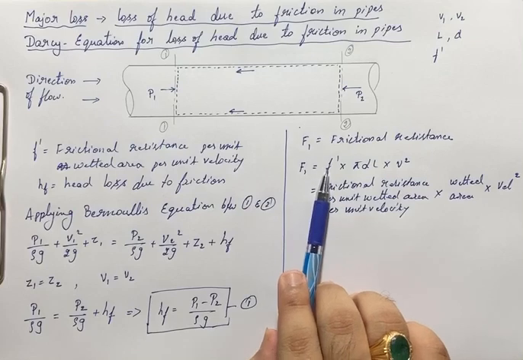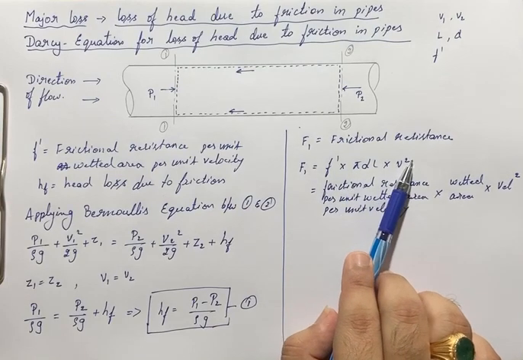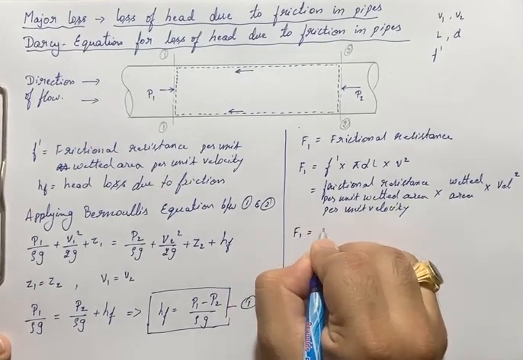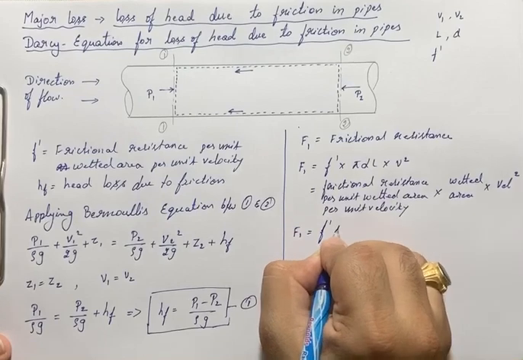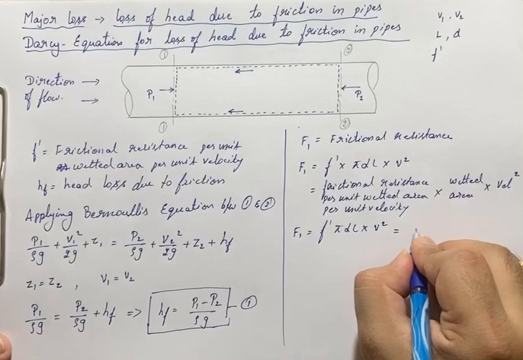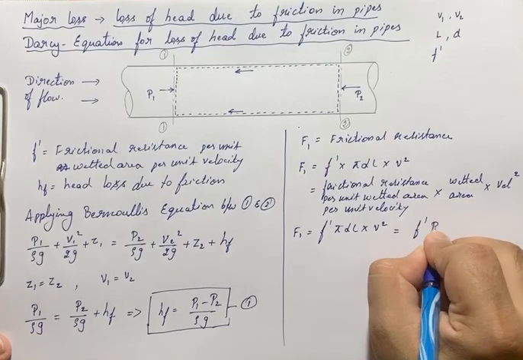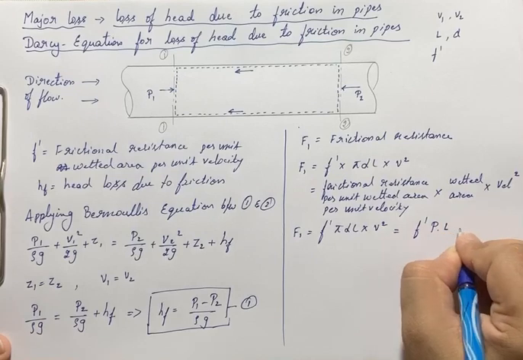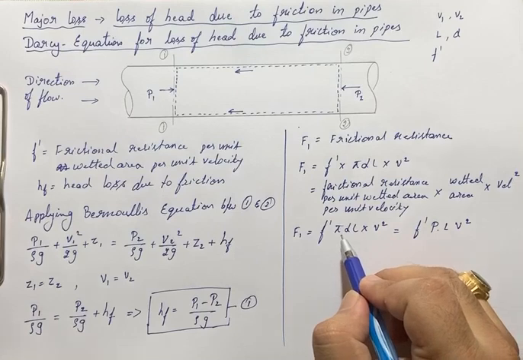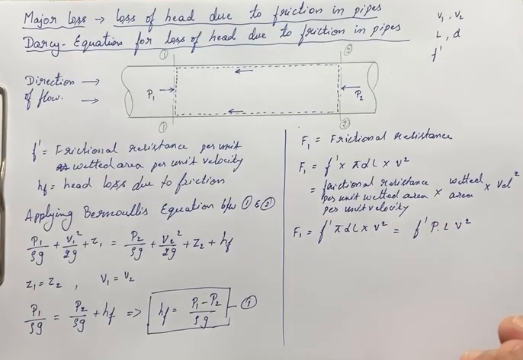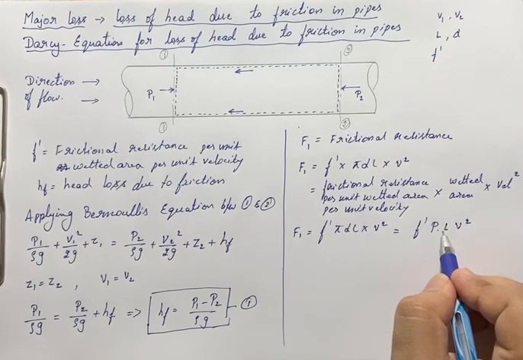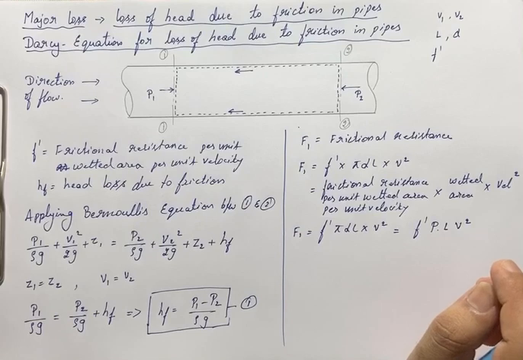So I can write F1 is equal to F dash into pi d l into V square, or else I can write F dash into P into L into V square. Why I am writing P into L into V square here is, what is pi d? Pi d is the circumference of a circle, that is the perimeter of a circle. So perimeter into length.